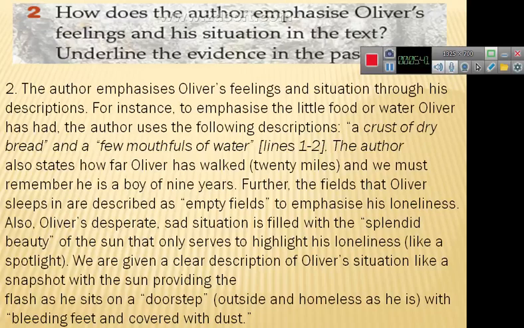And as we know, many people ignored him. Furthermore, the fields that Oliver sleeps in are described as empty fields to emphasize his loneliness. And his feet were bleeding and covered with dust.